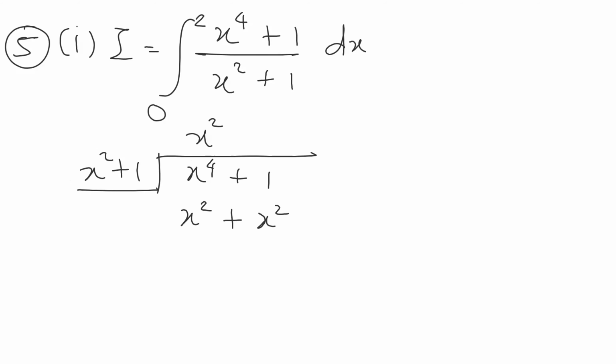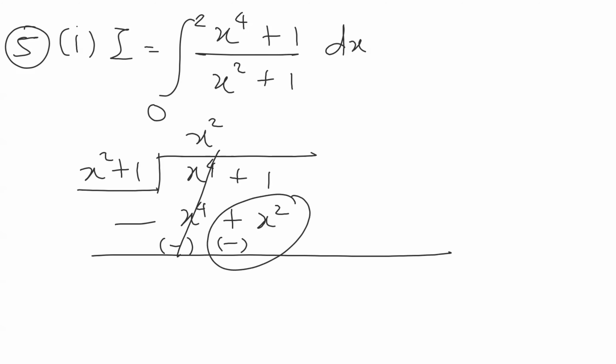So we'll leave a line over here. Minus, minus. After the cancellation, we are left with minus x square plus 1.